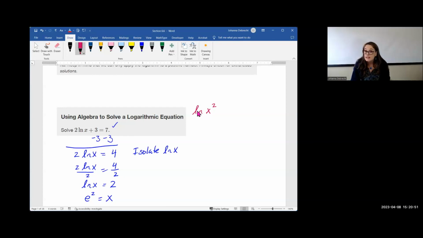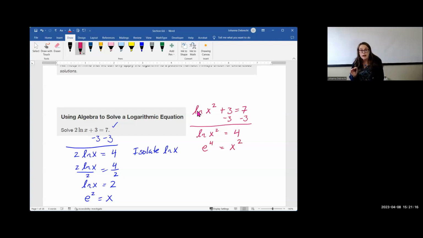But x is not, and that may introduce a false solution. So then I have the plus 3 equals 7. So I subtract the 3 from both sides, and I get natural log of x squared equals 4. And then I would have e to the 4th equals x squared.